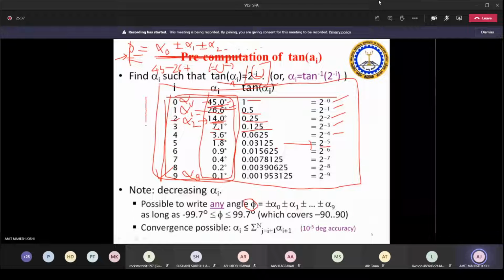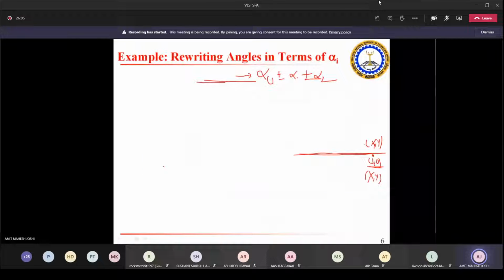Since we are talking about the lookup table, you can consider it something like a memory. In this memory I always follow addresses one by one. That means this is stored, let's say, at location 0, this at 1, 2, 3, like that. So I access each and every value serially, and I use it for a linear combination of my alphas.